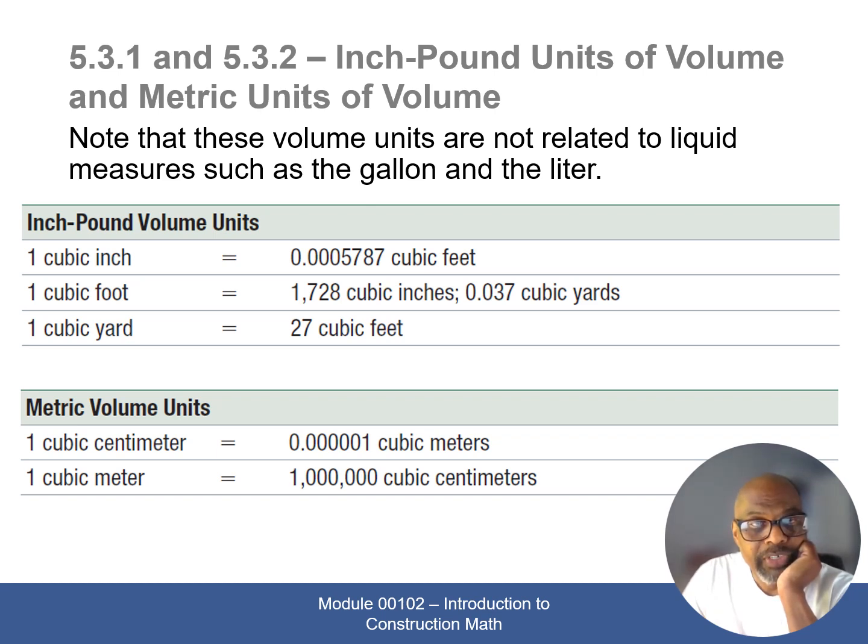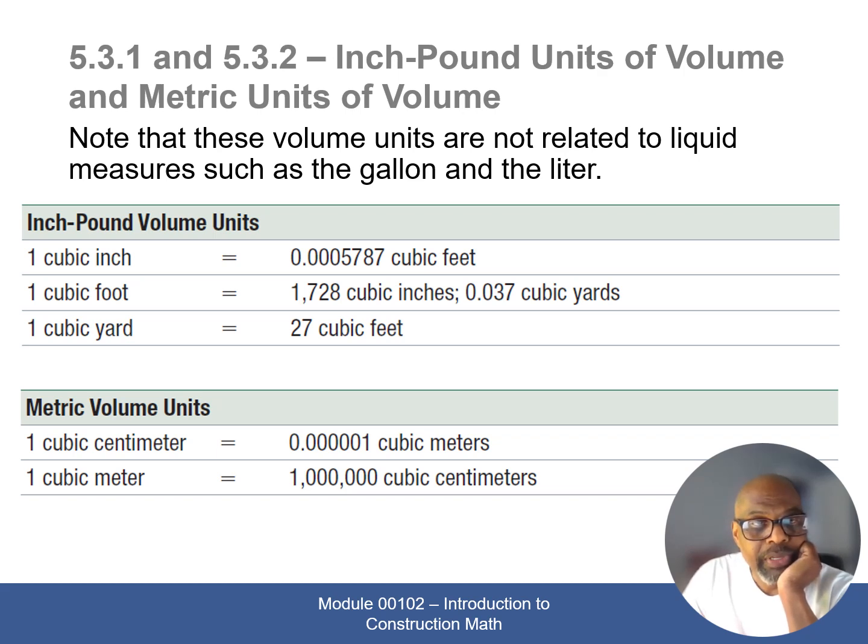So 1 cubic foot is basically 12 by 12 by 12. If I multiply 12 inches wide, 12 inches deep, and 12 inches tall, it comes to 1,728 cubic inches.